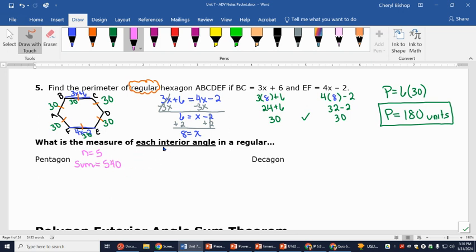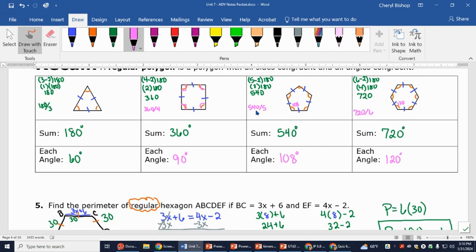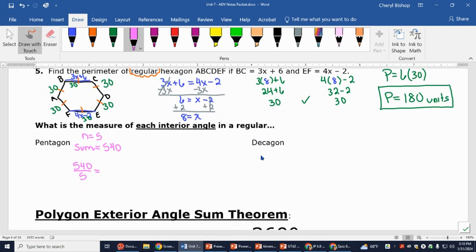So if I want to know the measure of each interior angle in a regular pentagon, I can take that 540 and divide it into 5 equal angles and get 540 divided by 5. We already did that right up here, right? We did 108 degrees. So we've already actually answered this question in these notes. So when I have a pentagon, all those angles will be 108 degrees.